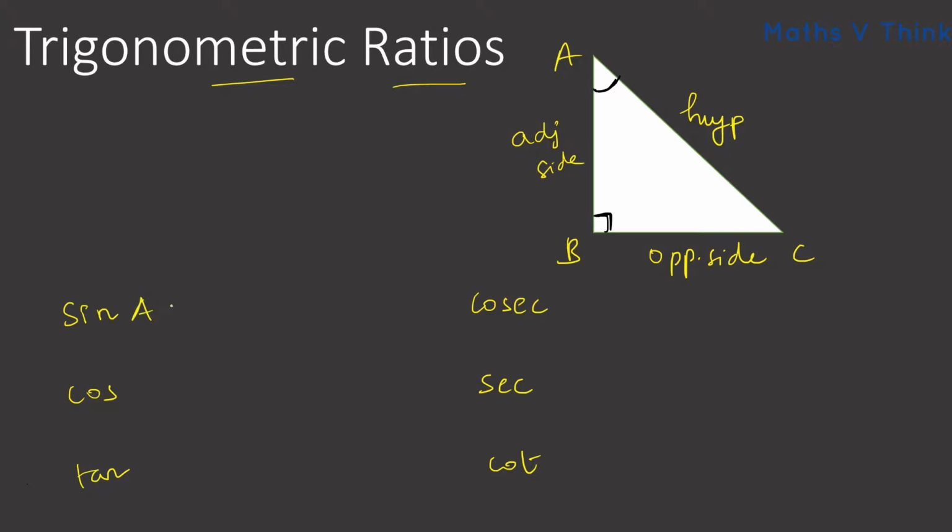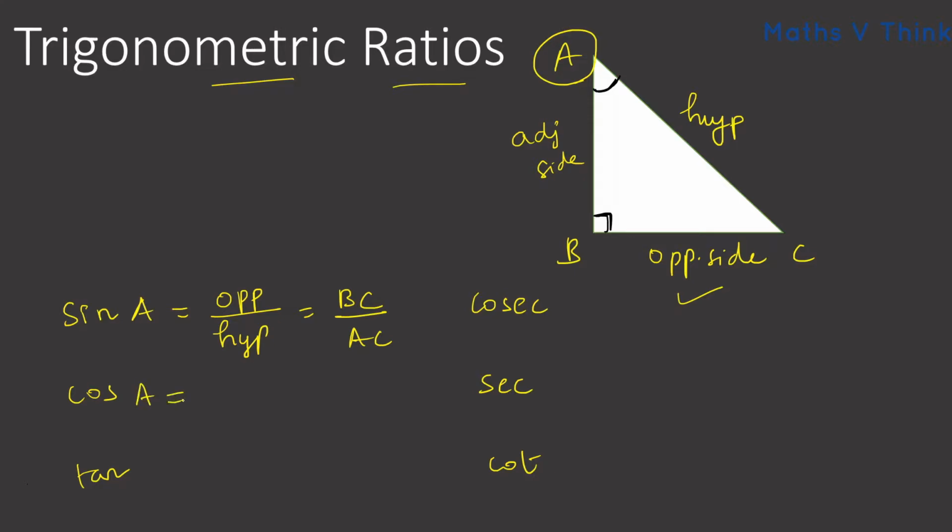So first sine A. Sine A is nothing but sine of angle A, and the formula is opposite by hypotenuse. So here for angle A, the opposite side is BC, so BC by AC.